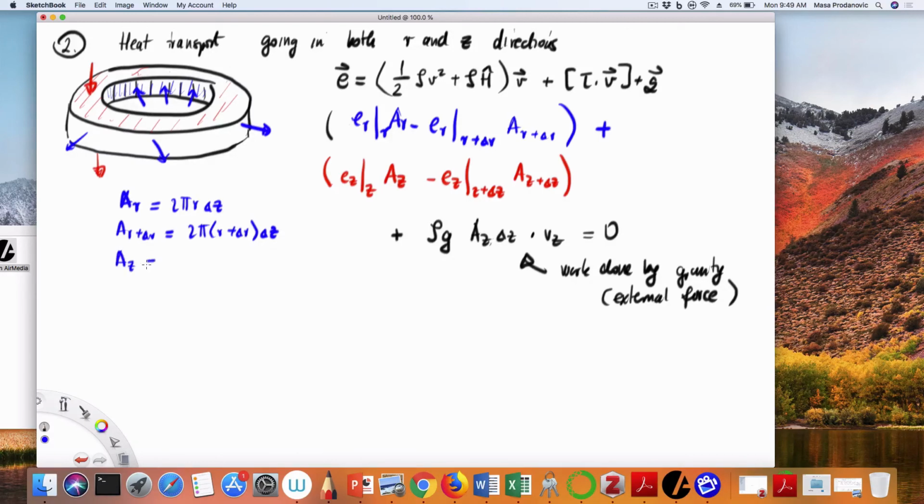And my A_z is the difference between the outside and inner disk areas. I'm just going to approximate this, so this is approximately 2 pi r delta r. So I'm ignoring the delta r squared term.